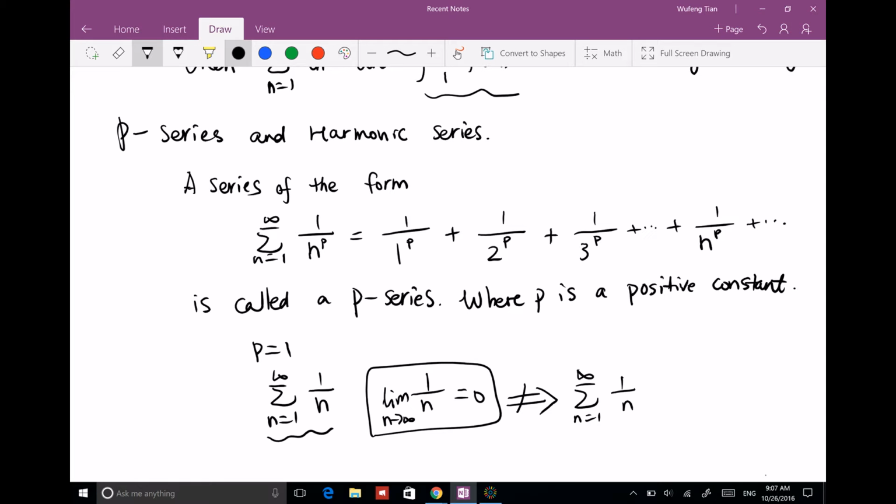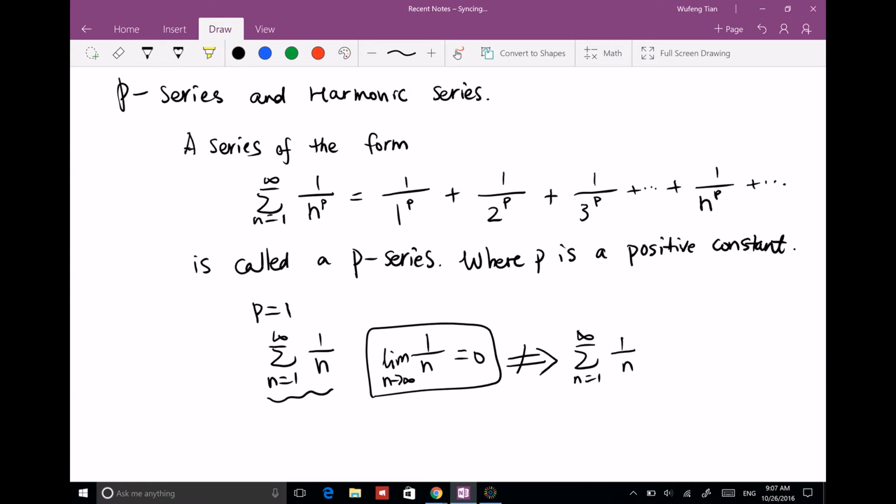So, does this one converge or diverge? Diverge.